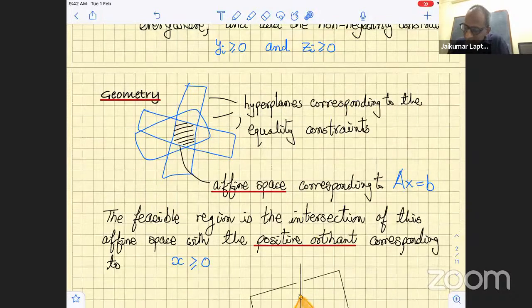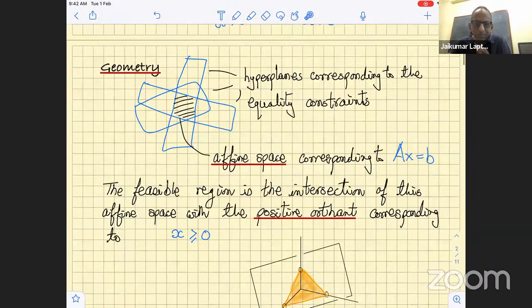I would like to talk a little bit about the geometry of what is happening when we put these linear programs in equational form. Let us focus only on the equations. There is a part of the linear program which looks like Ax equals b. Each equation here yields a hyperplane.